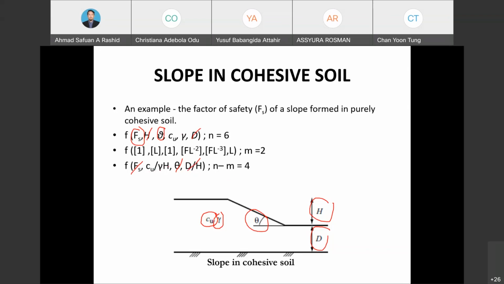So if our intention is to study on the H, we may include H in the last equation. So the Cu over gamma, then multiply with H. So we have the last dimensionless equation.